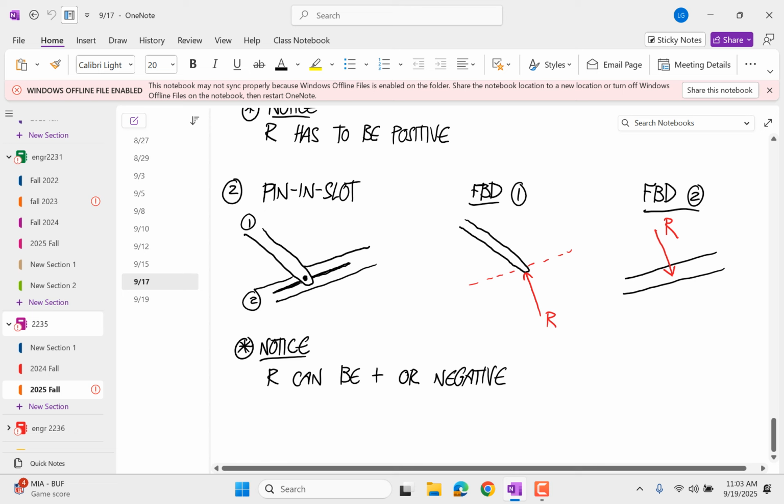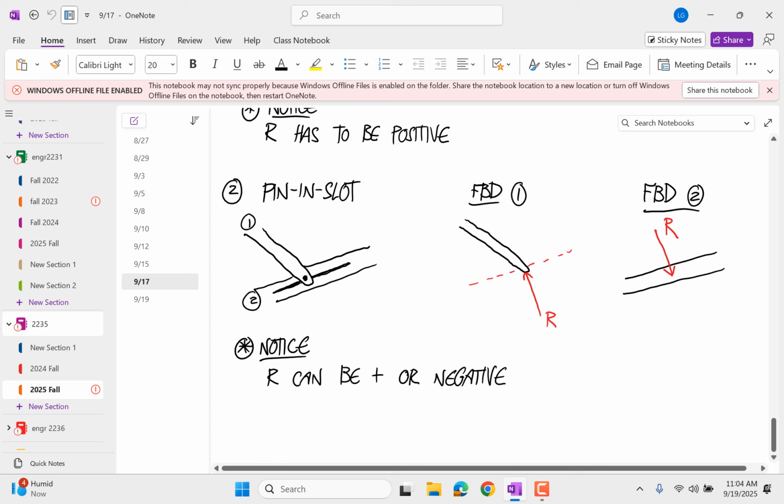So one by one, let's think about what's allowed. I'm going to think of an axis along the slot. Is it allowed to translate along the slot by this joint? Yes. And so that means there's no force component along that slot. What about perpendicular to the slot? I'm trying to do it and it won't go.